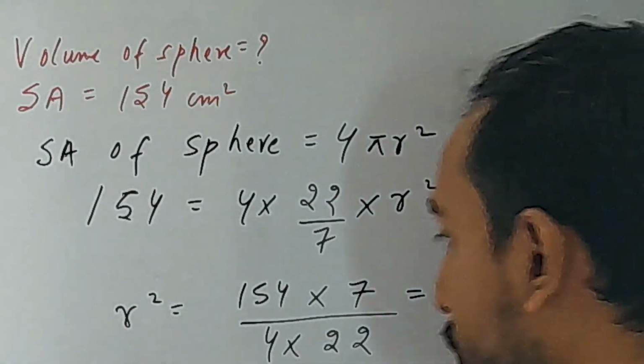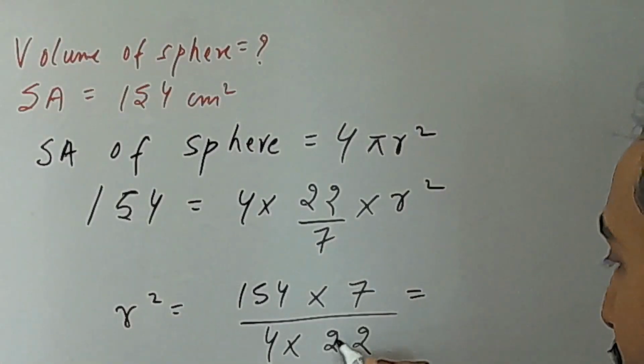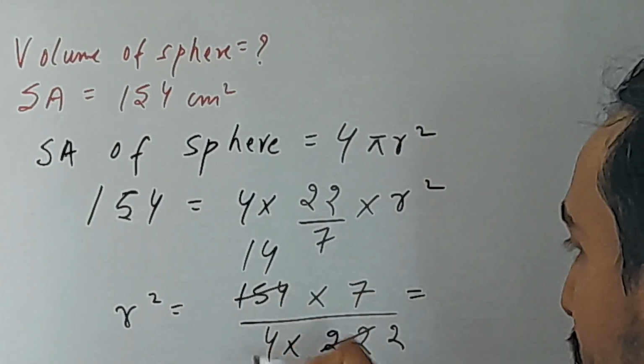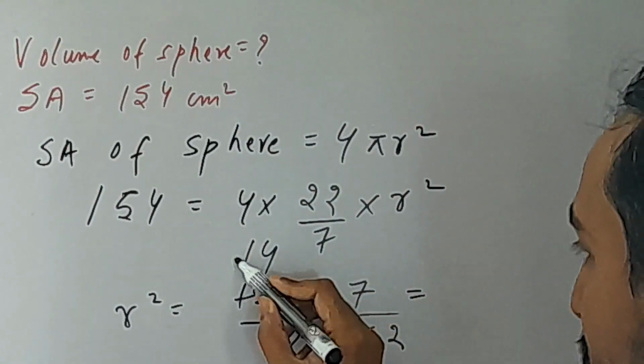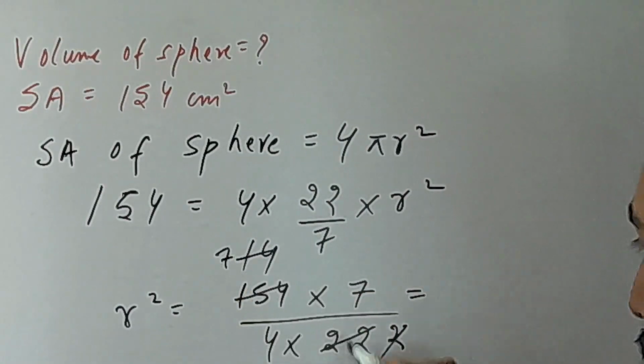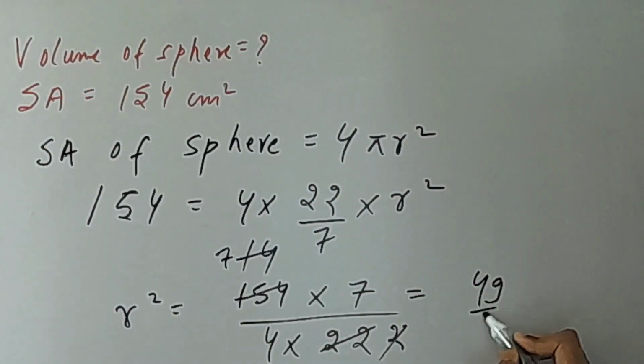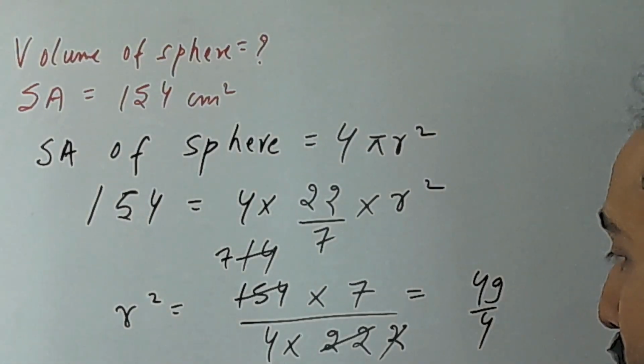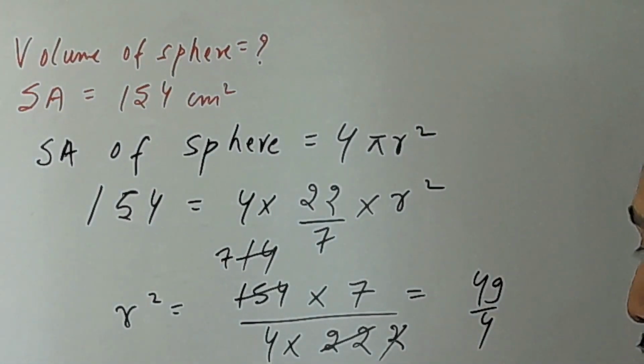You see that 11 gets cancelled, 11 into 14 and 11 into 2, so it goes to 7 into 7, that is 49 by 4. So r comes out to be the square root of 49 by 4, that is 7 by 2 centimeters.